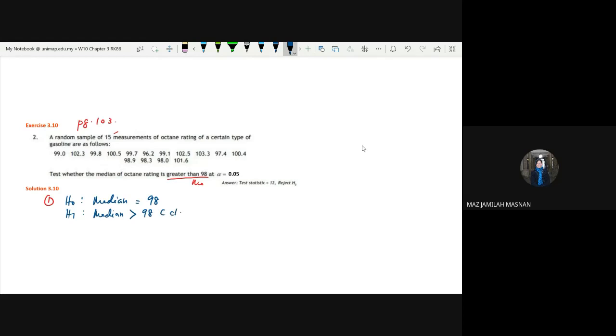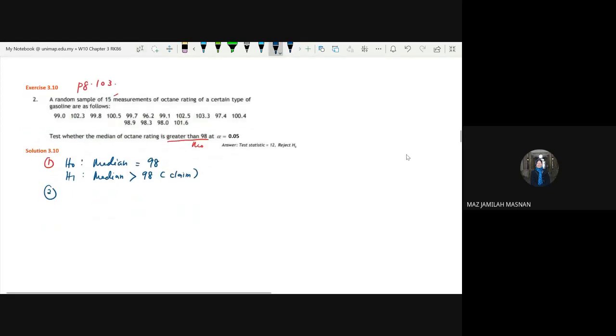And this becomes your claim. Second, if we follow the example just now, we find the critical value. Our critical value will be our KCV of the alpha and your n.